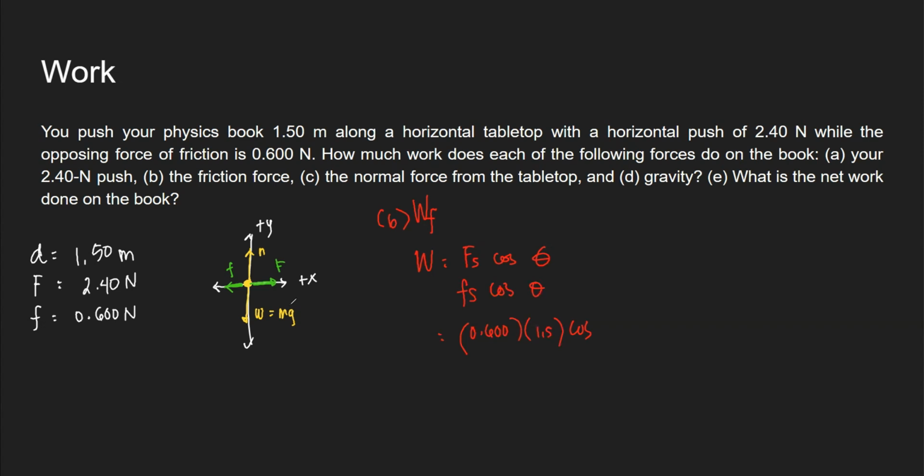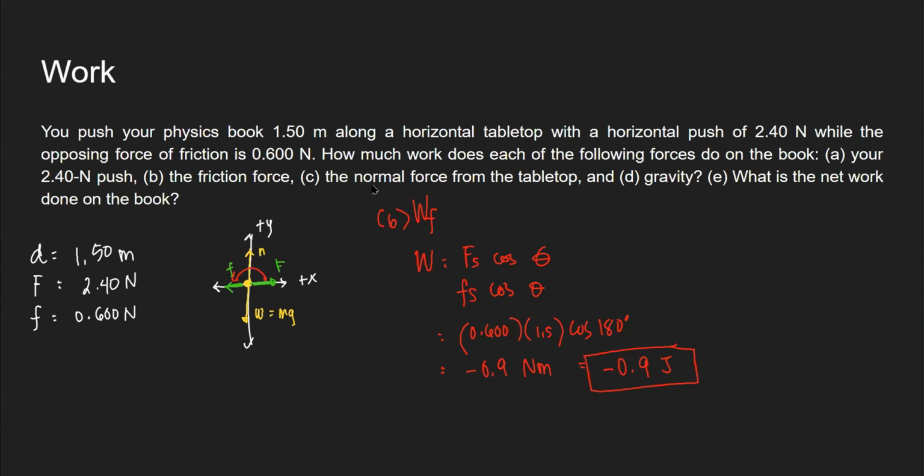So it's not cosine 0, it's cosine 180 degrees. That would give us -1. If that's -1, the whole thing would be negative. So plugging in, -0.9 newton meters, or -0.9 joules.